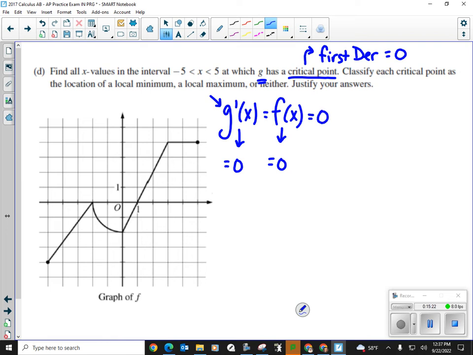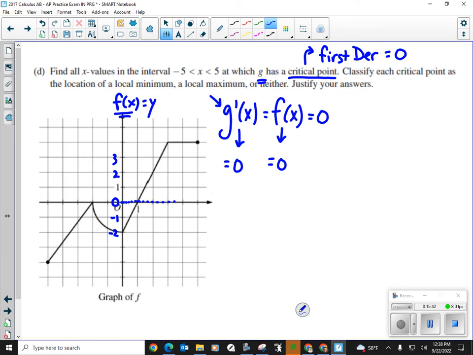I don't have an equation, but I have a graph. This is the graph of f of x, okay? So any y-coordinate is f of x. So I got to look where the y is 0. The y is 0 right here. It's 1, 2, 3, -1, -2, and so forth.